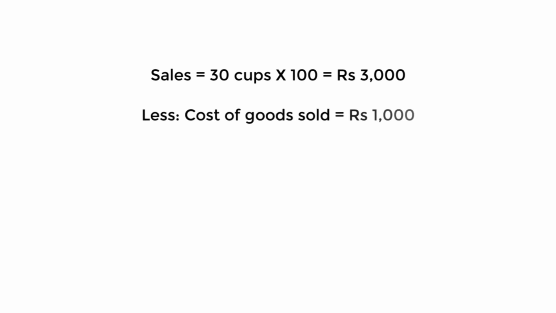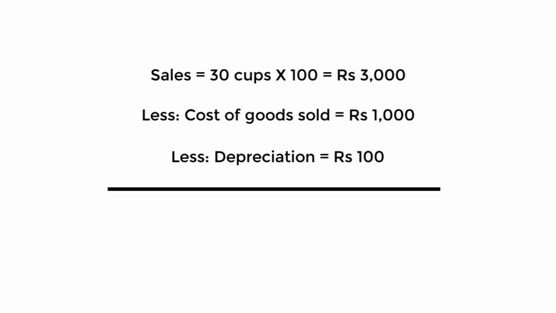So we started with sales. We were able to sell 30 cups for 100 each, so 3,000 rupees of sales. Associated cost of goods sold was 1,000. Depreciation was 100. So the net profit is 3,000 minus 1,000 minus 100, that is 1,900.